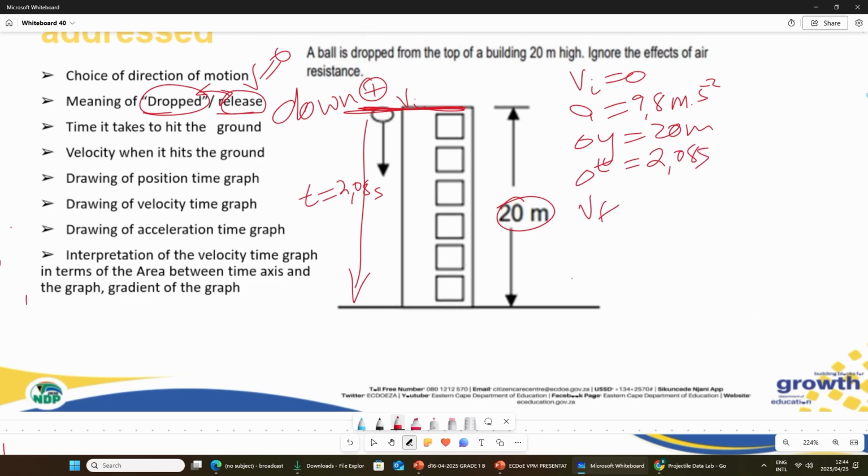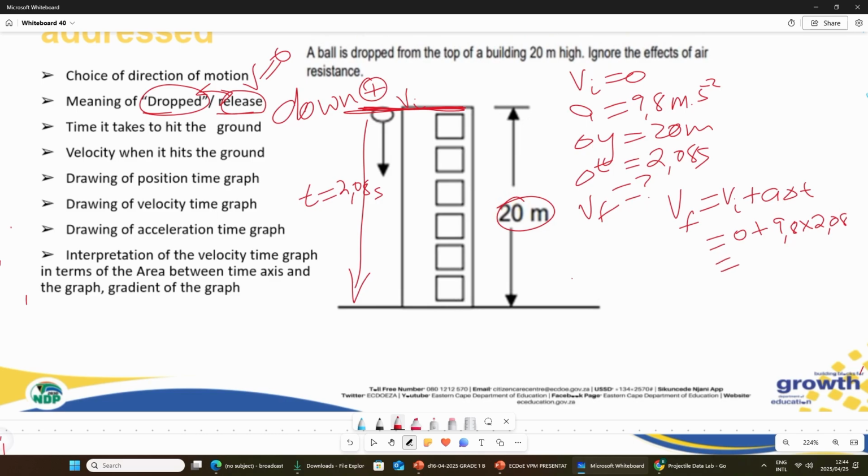Now we want the final velocity with which the ball hits the ground. So we can go to the first equation that says v final is equal to v initial plus a delta t. Our initial velocity is 0 as the ball was dropped, plus our acceleration of 9.8, times our time to hit the ground of 2.08 seconds.